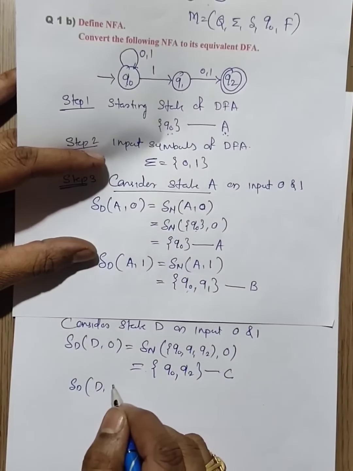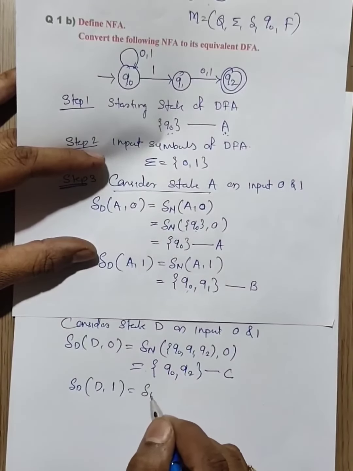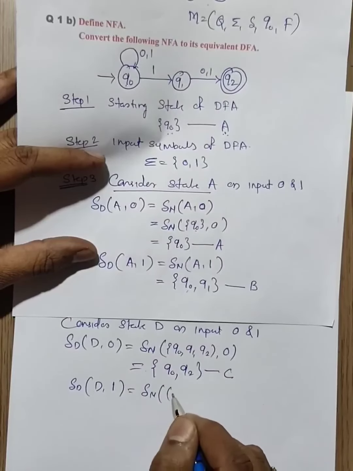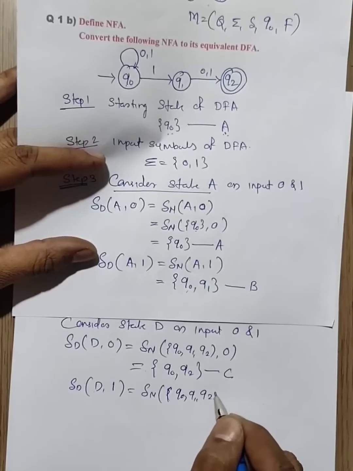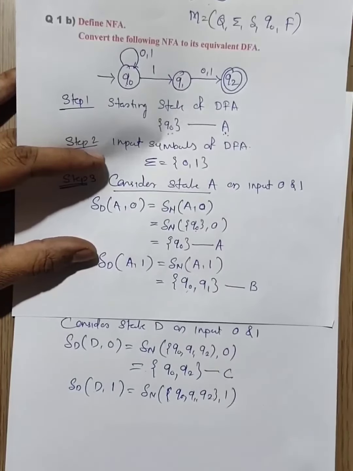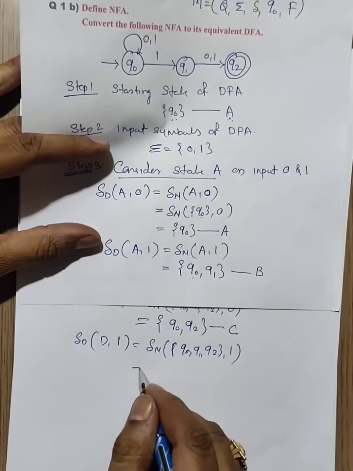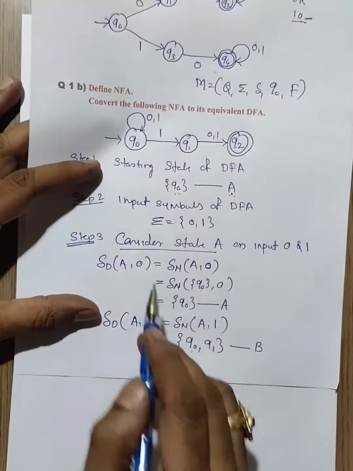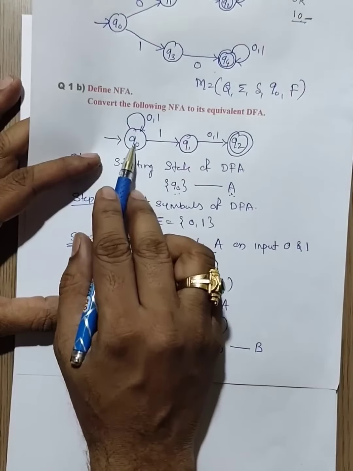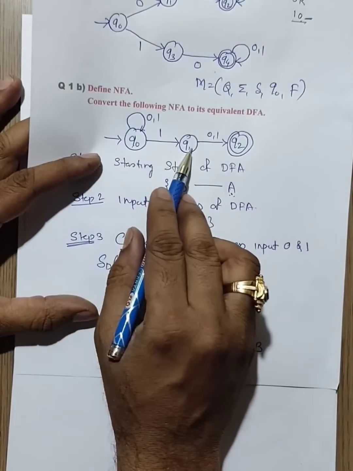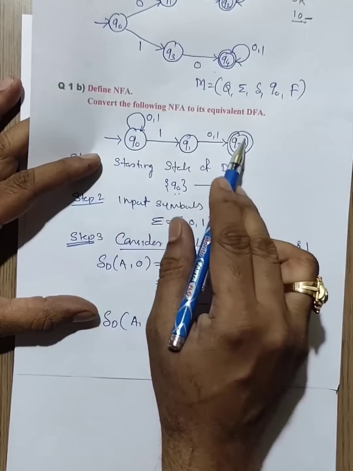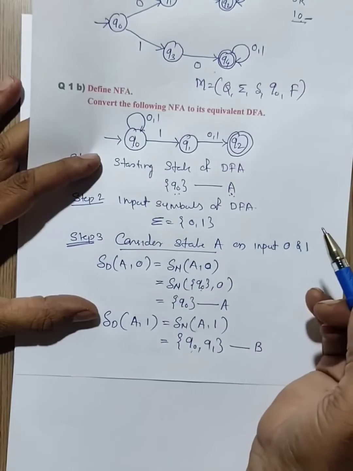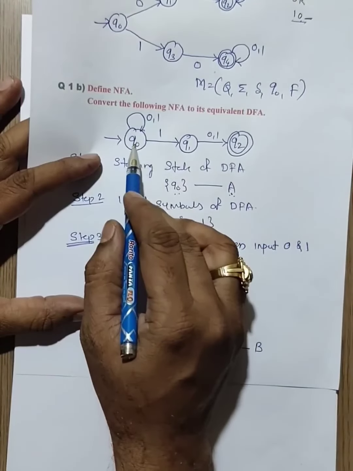D on 1. Q0, Q1, Q2 on 1. Q0 on 1 gives Q0, Q1.